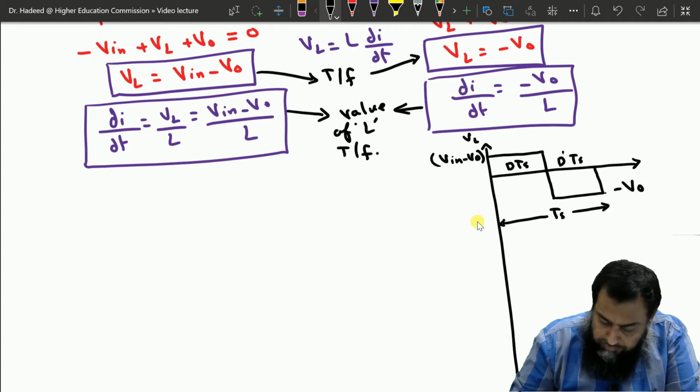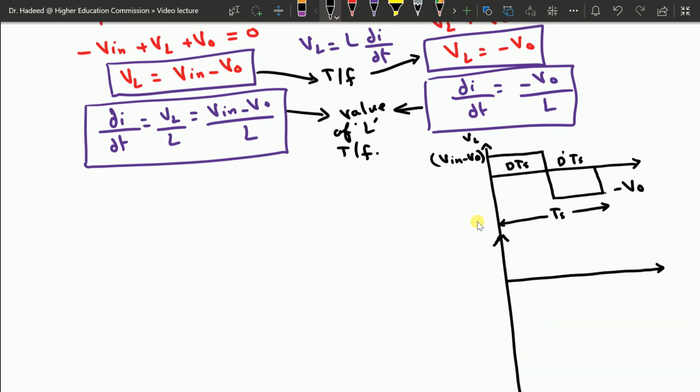The other waveform is the current waveform through the inductor, which is this IL. IL shall have a slope. It will start from some initial value, because we have assumed that the circuit is operating in a steady state condition, and with a constant slope equal to Vin minus Vo over L, it shall reach a final value at the end of the dTs time period. So this starting point is the Io.